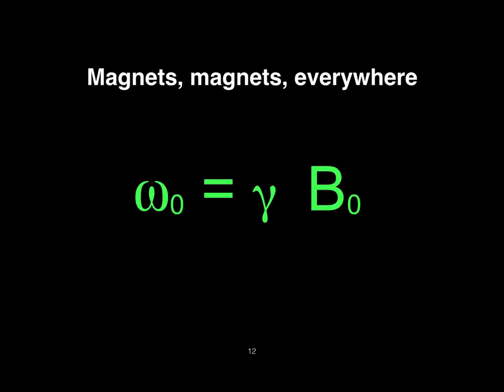And here's one of the two equations you should try to keep in mind. It turns out that the frequency at which that nucleus precesses around the main magnetic field is related by this constant called its gyromagnetic ratio, and then the strength of the main magnetic field itself. This constant is different for any given nuclei.